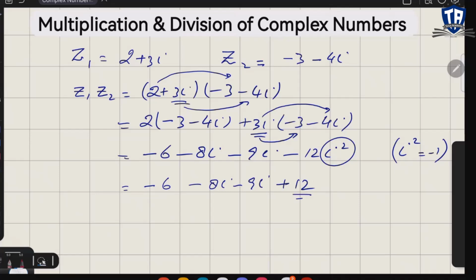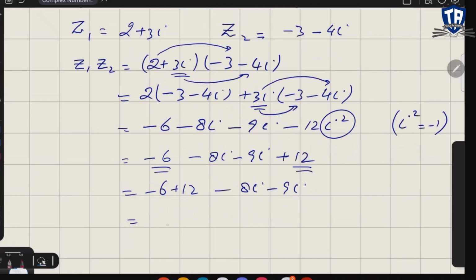So the real part will be added with the real part, and the imaginary part will be added or subtracted with the imaginary part. It is 12 and it is 17 iota. So the product of two complex numbers is again a complex number which consists of two parts, real and imaginary. So multiplication will be done like this.